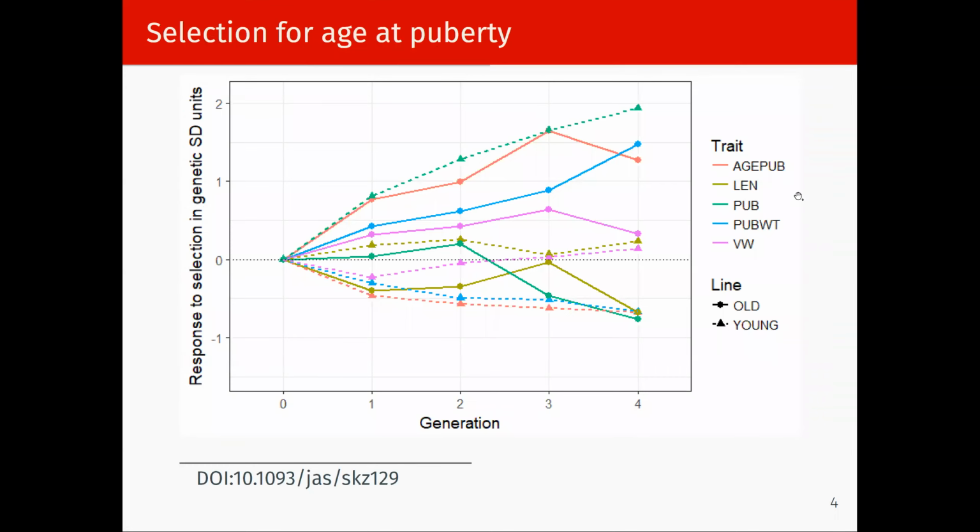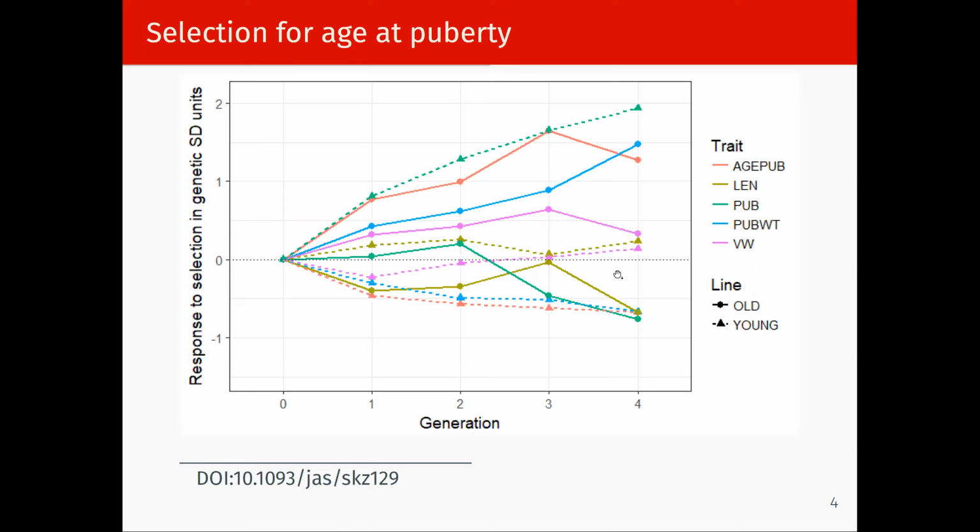So in this figure here, we're looking at the response to that selective pressure for either young, in the dashed line, age at puberty gilts, or old, in the solid line, age at puberty gilts. Now, first of all, there's a couple of things that we're going to see. The first is that selecting for decreased age at puberty, which is this red dashed line here, does in fact decrease the age at puberty.